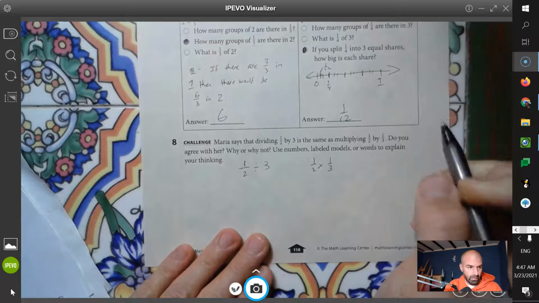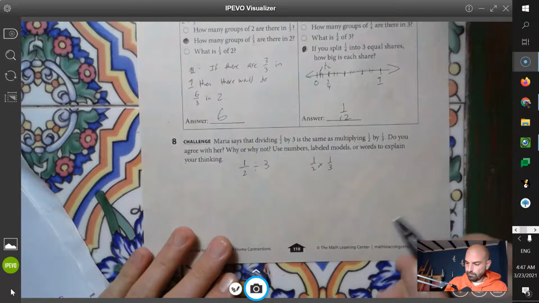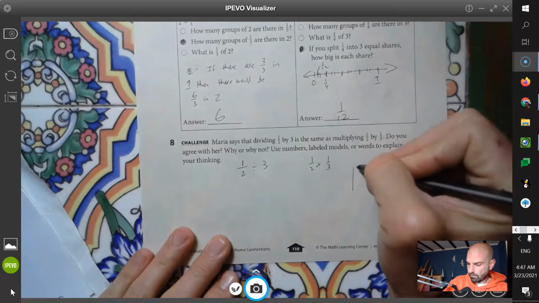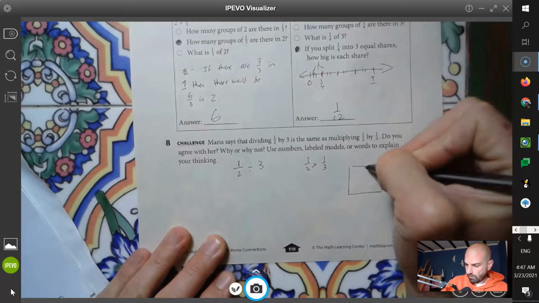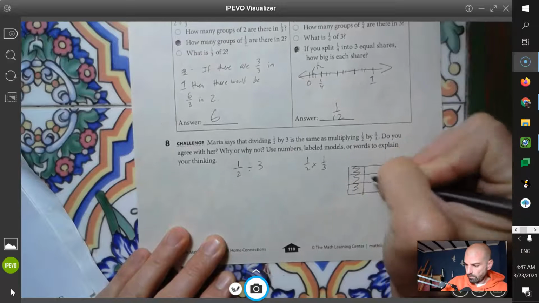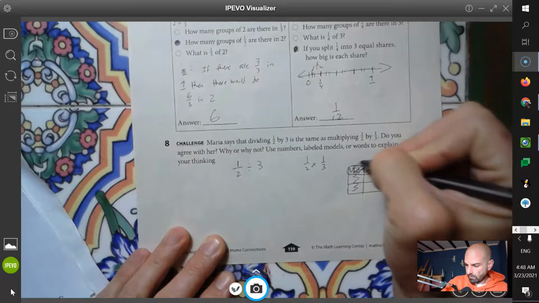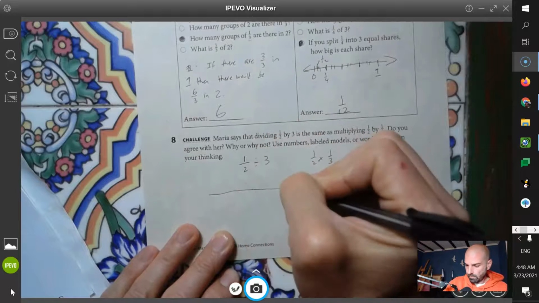Yeah, no, she's right. It's the same thing. Well, we can at least show it has the same answer here. So we have 1/2. We're doing 1/3 of it. So that is 1/6 here.